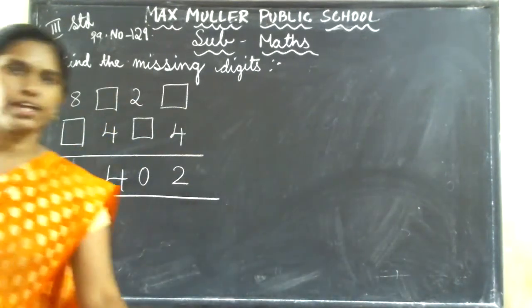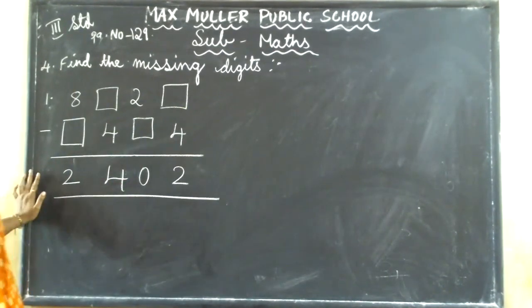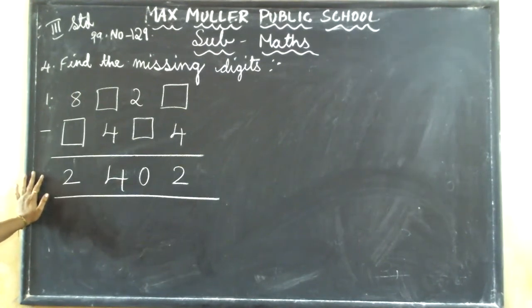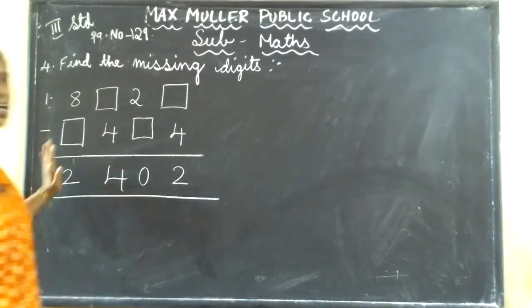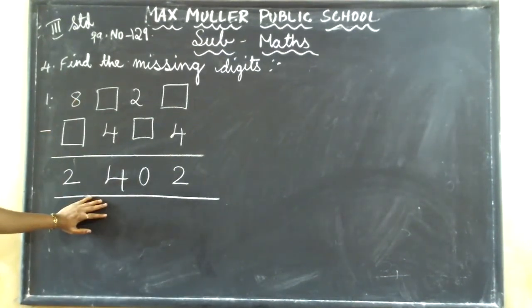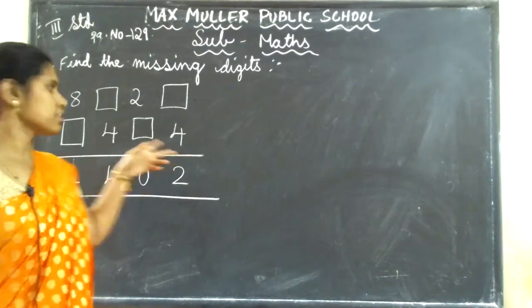Simple method, you can do this one. See here, subtraction. The same way, we have found the missing digits in addition also. Yes or no? So here what happens, sometimes you have to add, sometimes you have to subtract.